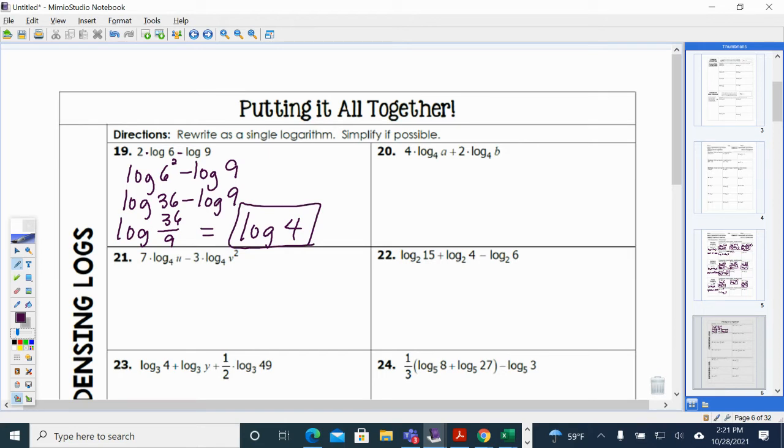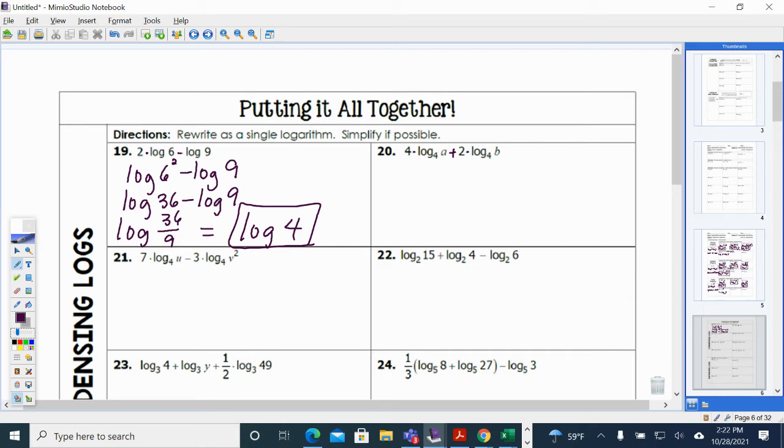On number 20, there's actually 3 things. You've got power property on the first one, power property on the second one, and then we've got our product property last.